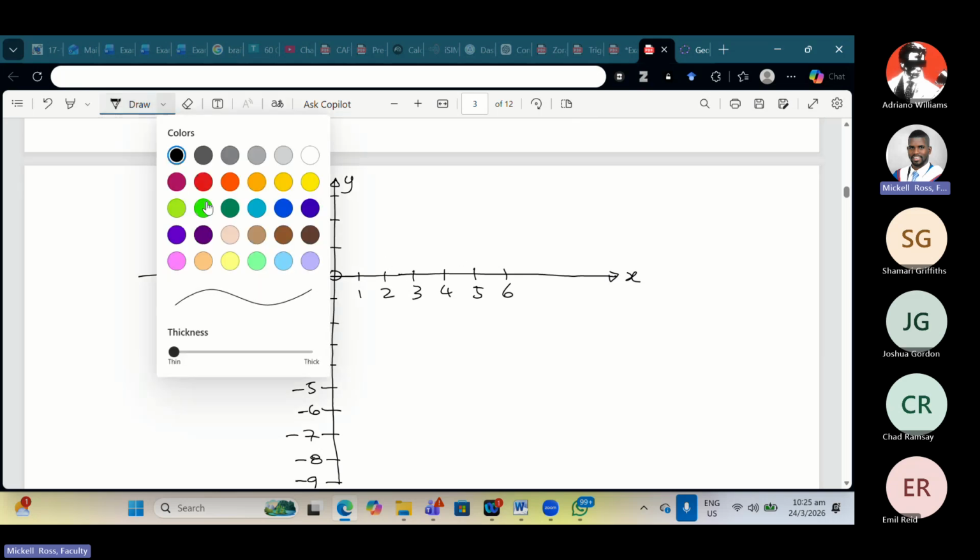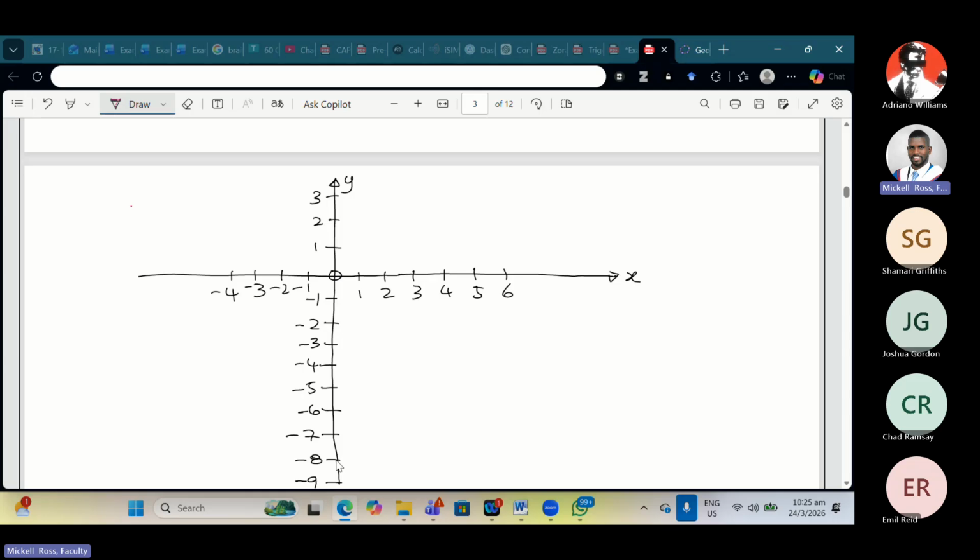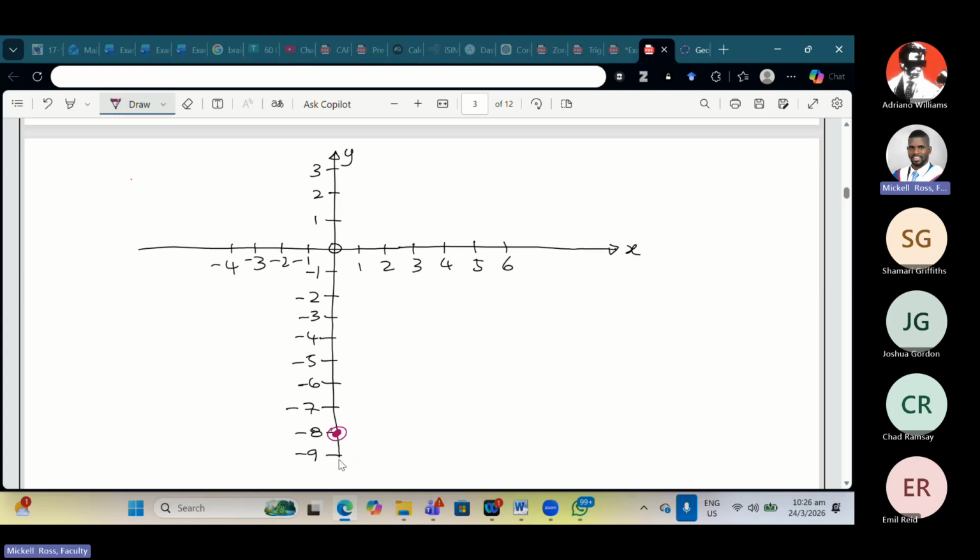So we know that the y-intercept is 0, negative 8. That means the graph is going to intercept the y-axis there.